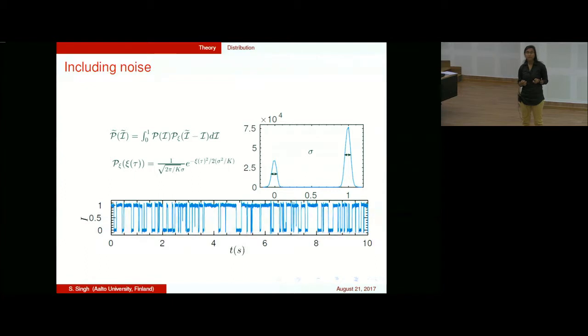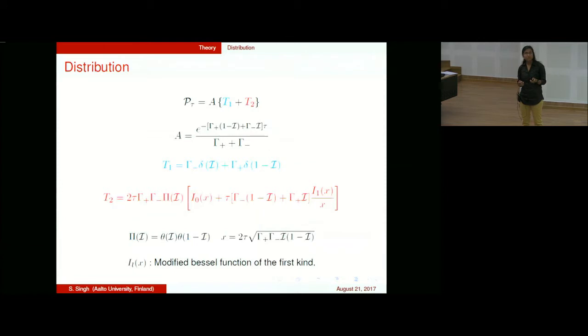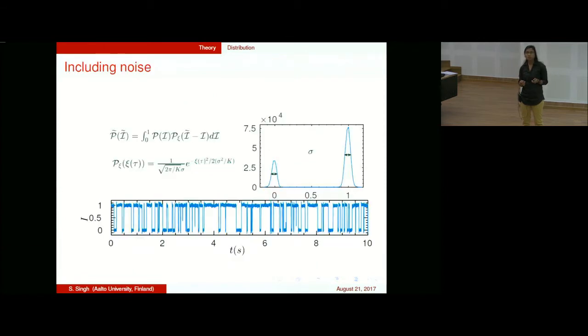Then we take a convolution of the distribution we got previously and the distribution of noise, and we obtain some p tilde of I tilde, which is the distribution including the noise in the system.